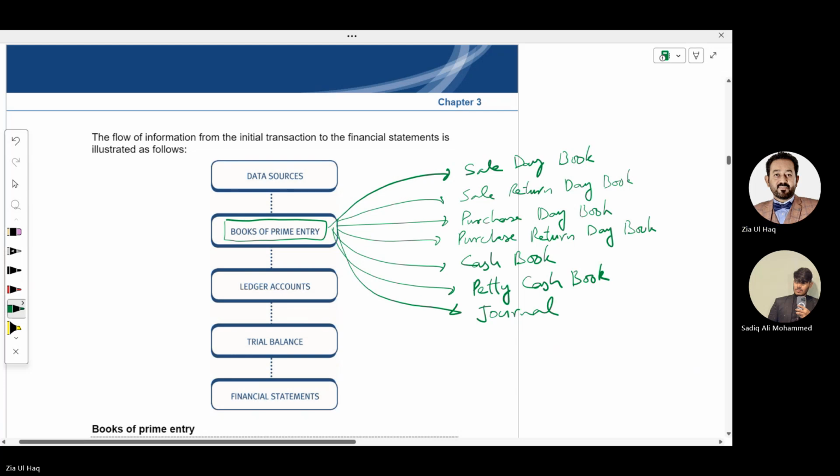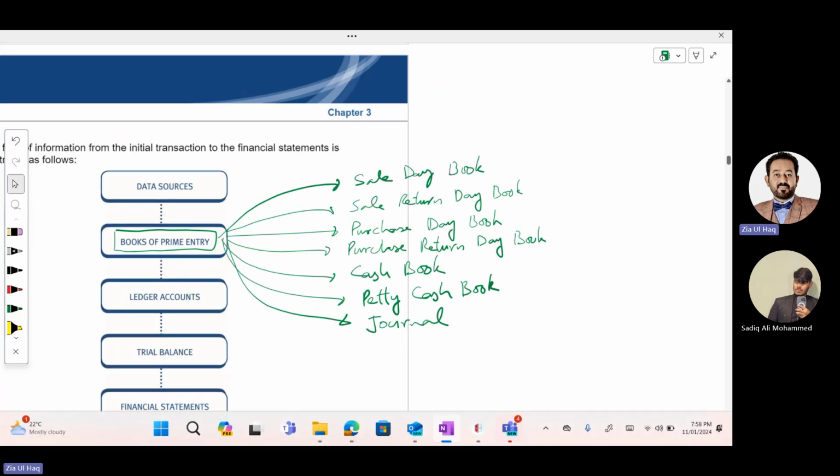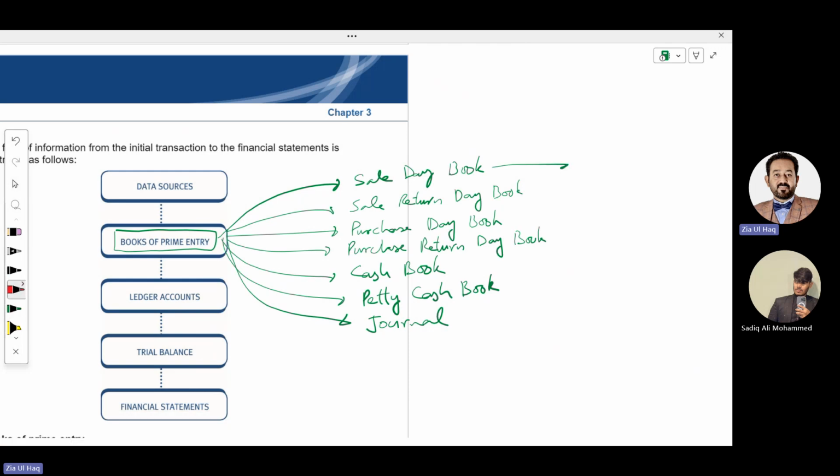Sale day book is used to record credit sales. Meaning the sale day book will record what? Credit sales. And credit sale returns will be recorded in the sale return day book. In the purchase day book, we record credit purchases.